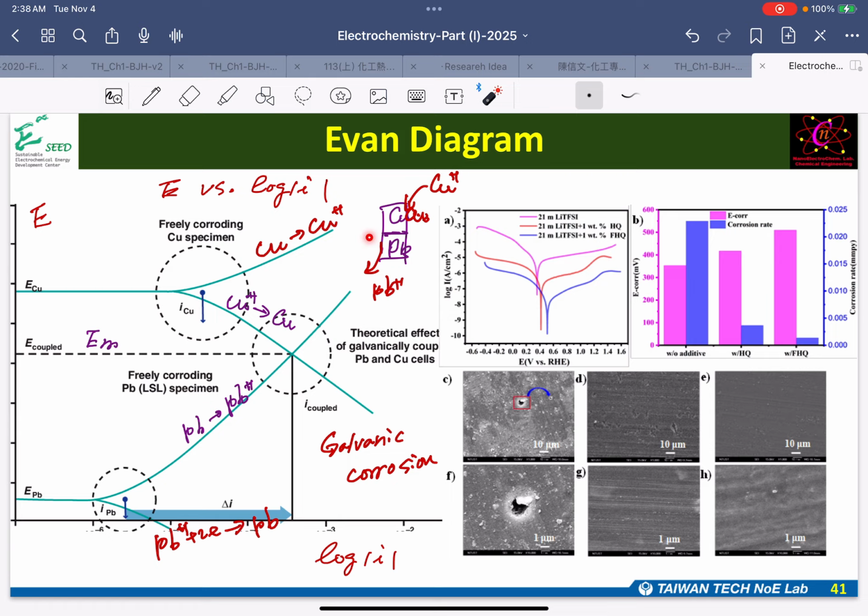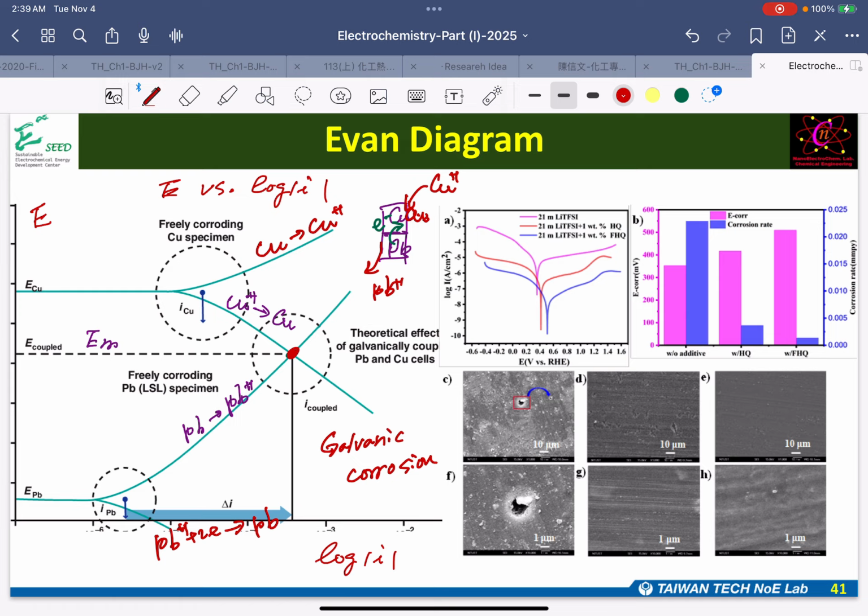Suppose at a steady state, this reduction rate should be equal to the oxidation rate, because the electrons released from this should be equal to the electrons received by the copper ion, so that we get this intercept.